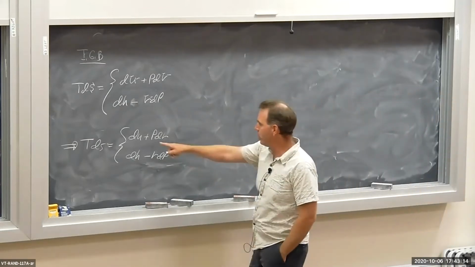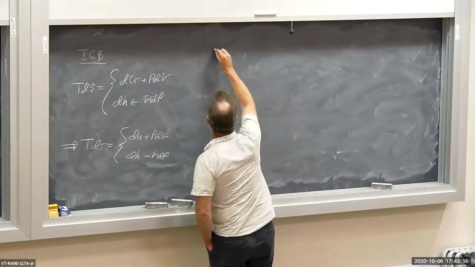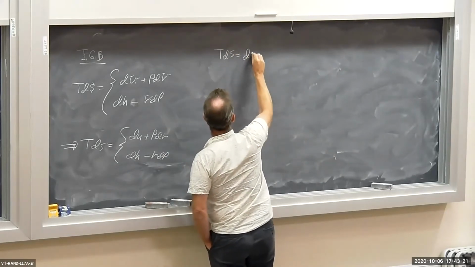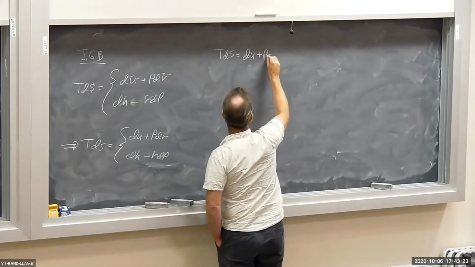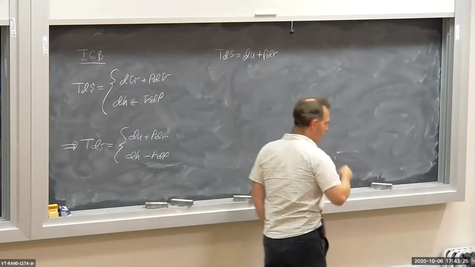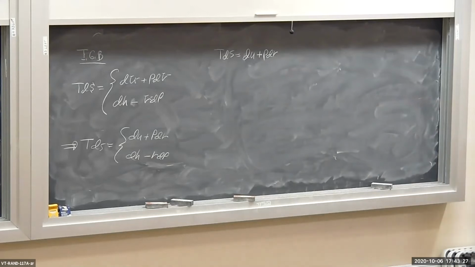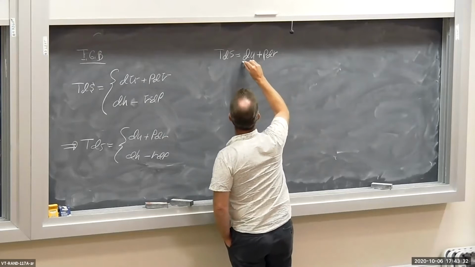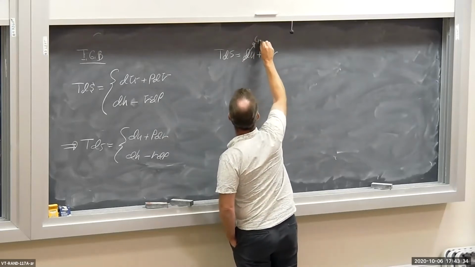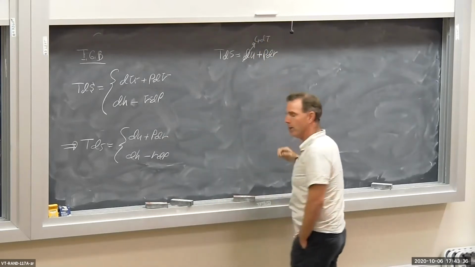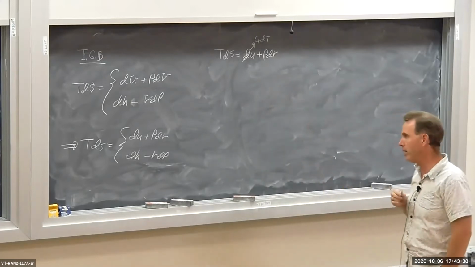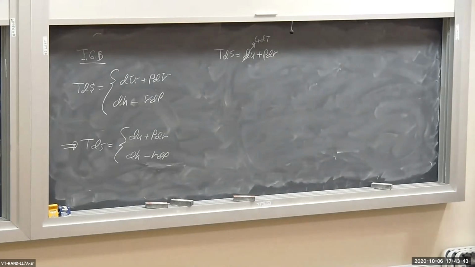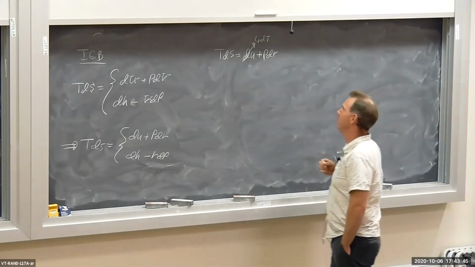Let's play around with the first equation here. T ds is equal to du plus P dv, okay? Now, du is equal to Cv dT, from the property relationship for change in internal energy. Now, pressure.